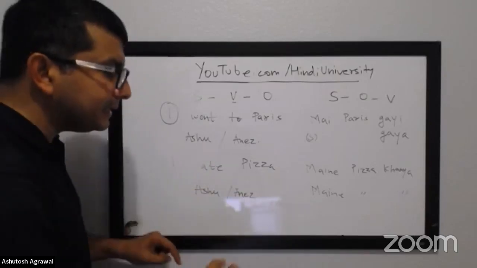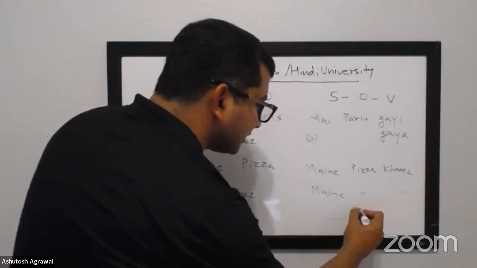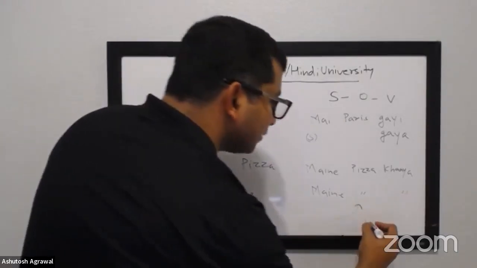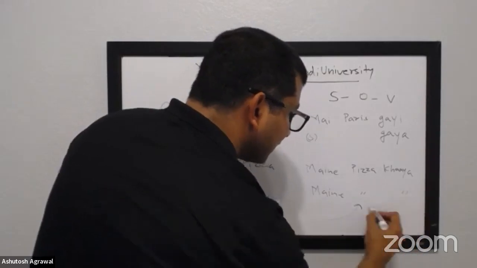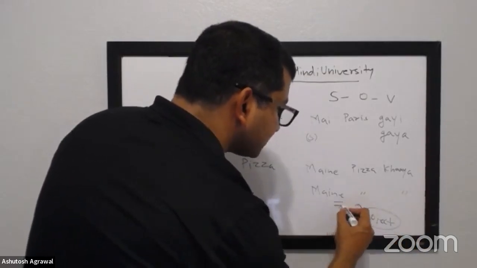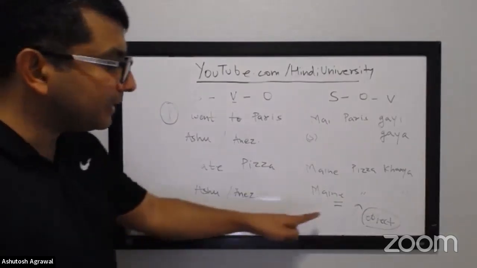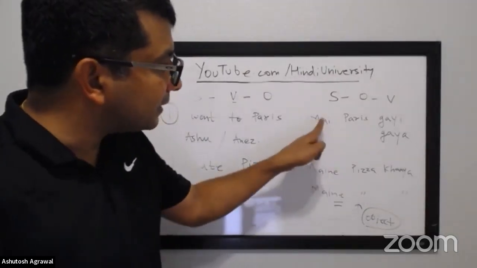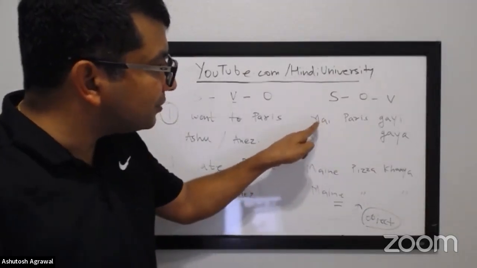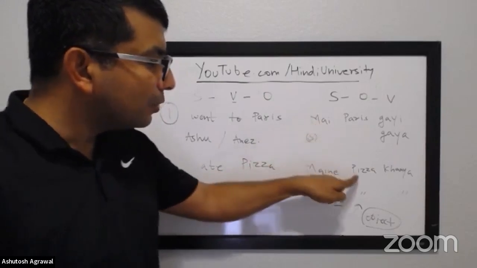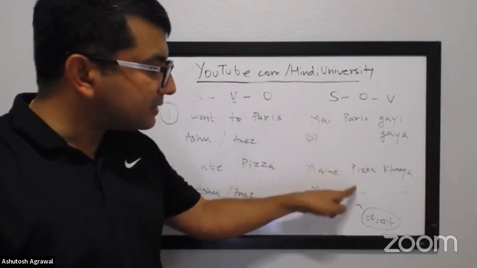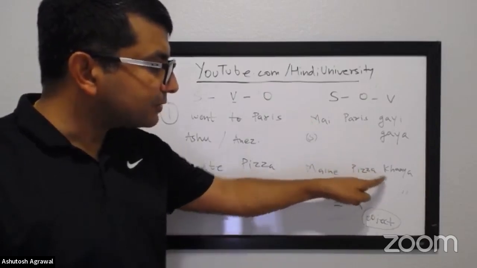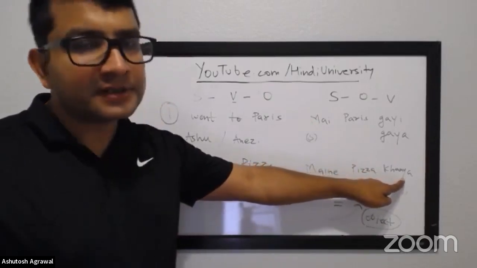In Hindi, it's interesting because the control really goes to the object. Because there is an object being used, you will end up using a postposition here, ne, and it's really about who the action is applied upon, rather than who is doing the action. Pizza is considered masculine singular, so both of us say the same thing.